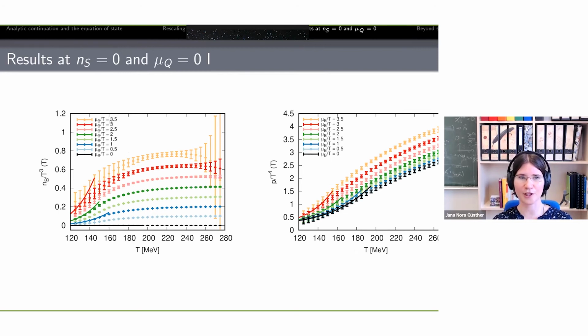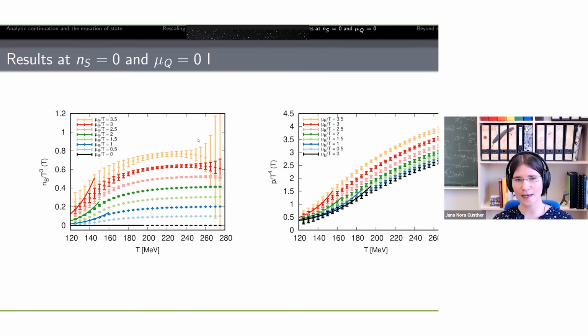We can go up to baryon chemical potential over T up to 3.5 without having enormous errors, at least for most of our temperature range, and also without seeing any surprising behavior on the central value.